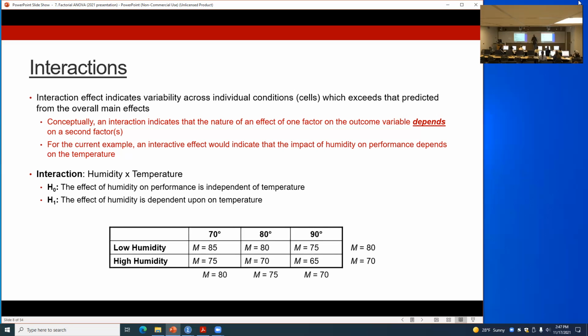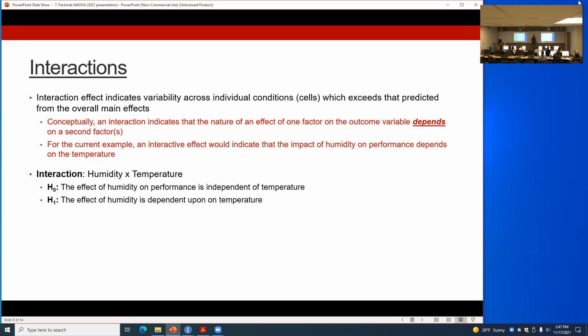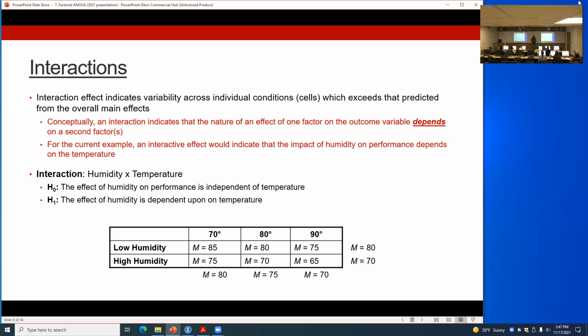Okay, so here again, we've got our outcome. Josiah, does it look like we have a main effect of temperature or humidity here? Maybe, I mean, sort of guessing.